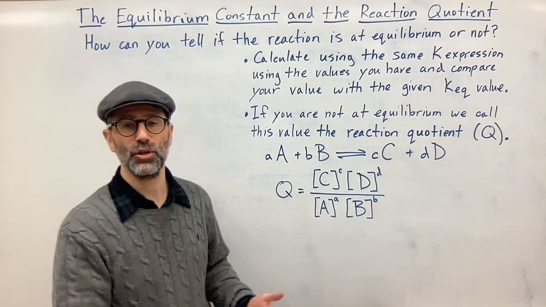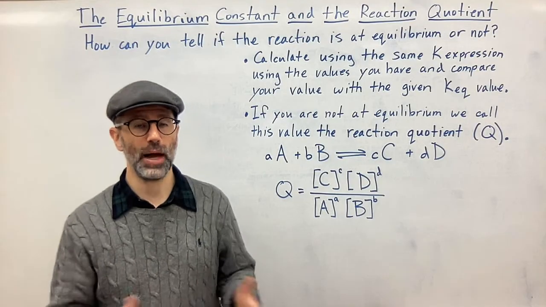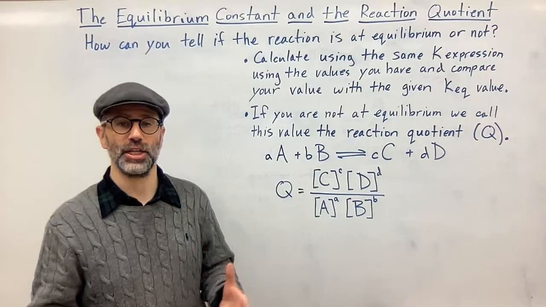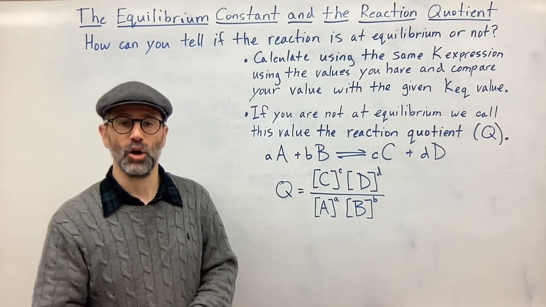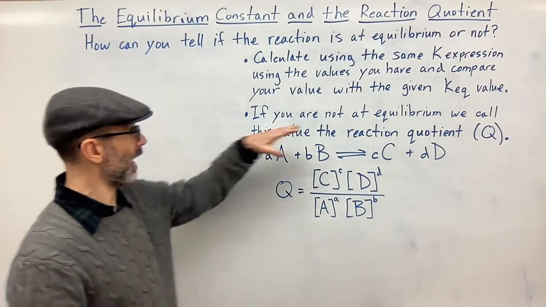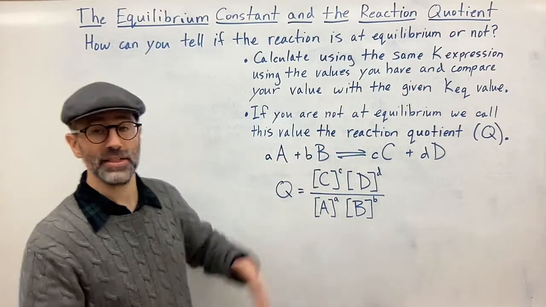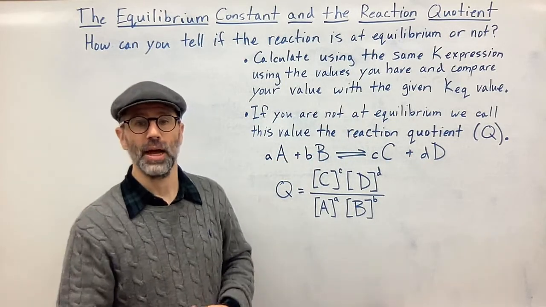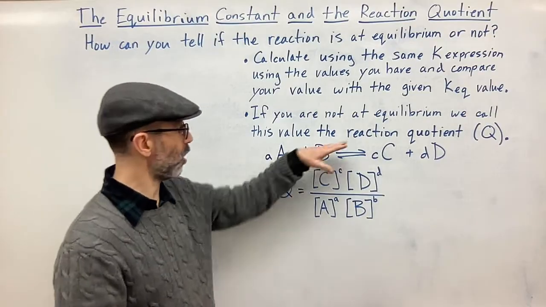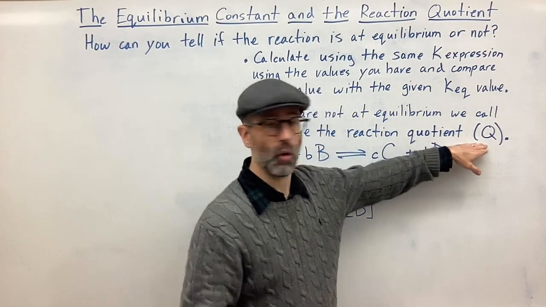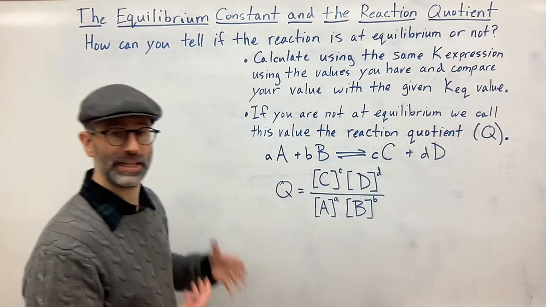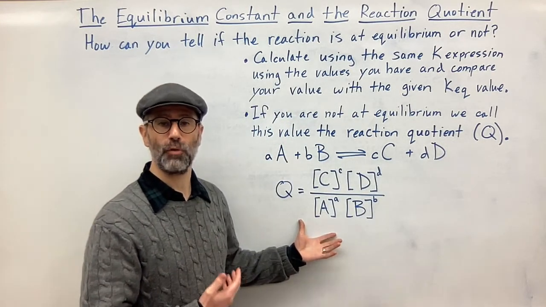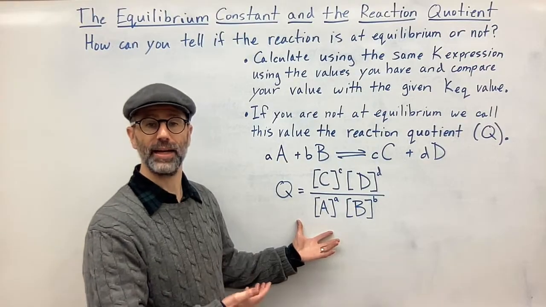You need the KEQ value in order to determine whether or not you are at equilibrium with the concentrations they are giving you. So if you are not at equilibrium, which means that the value you got is not equal to KEQ, then the value you got, we call that the reaction quotient, or Q. And so the expression for Q is exactly the same expression as for KEQ, or K, right?